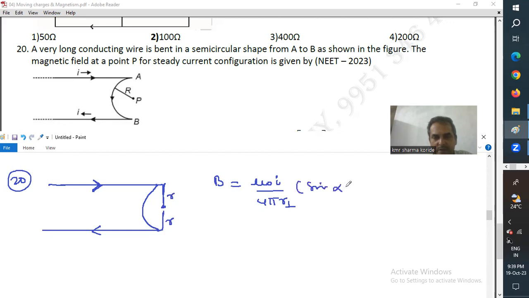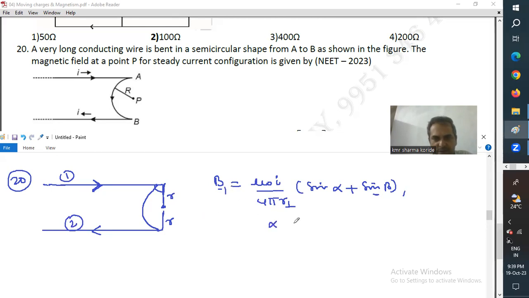B is equal to mu naught I by 4 pi R perpendicular, times (sin alpha plus sin beta). This is the formula to determine the magnetic field induction at a given point due to a straight infinite conductor carrying current I. Similarly, this is the first portion, this is the second portion. If you assume this is alpha, beta will be infinity in this formula for the first case.